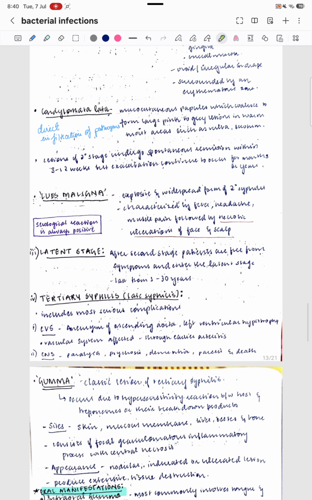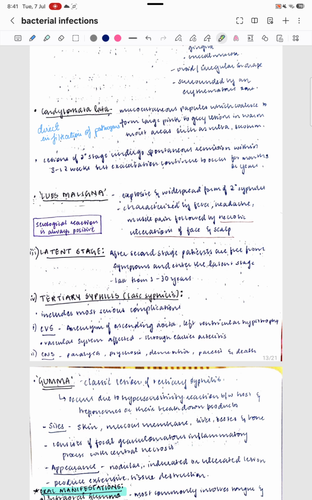Coming to condylomata lata. Condylomata lata is a mucocutaneous papule which coalesces to form a large pink-gray lesion, which occurs in warm and moist areas such as the vulva or scrotum, where direct infiltration of pathogens occurs.